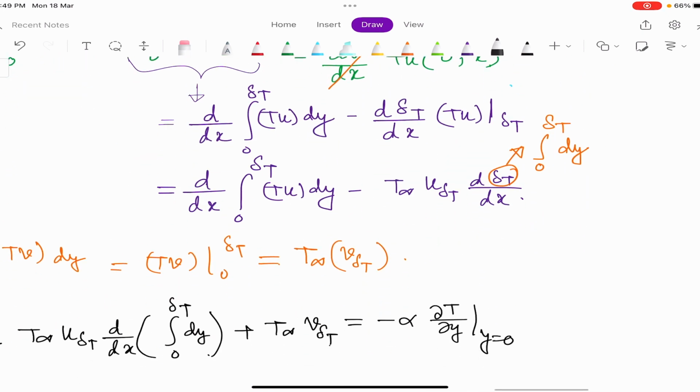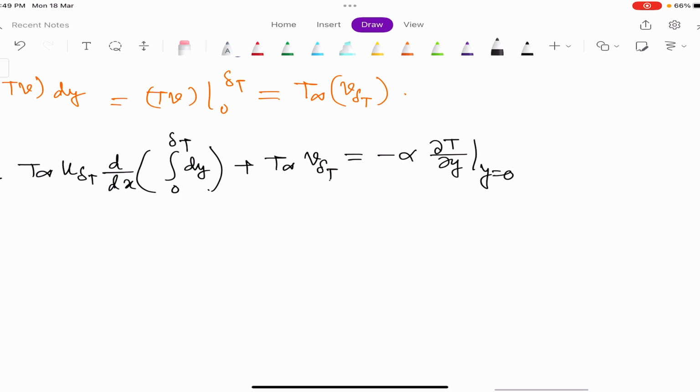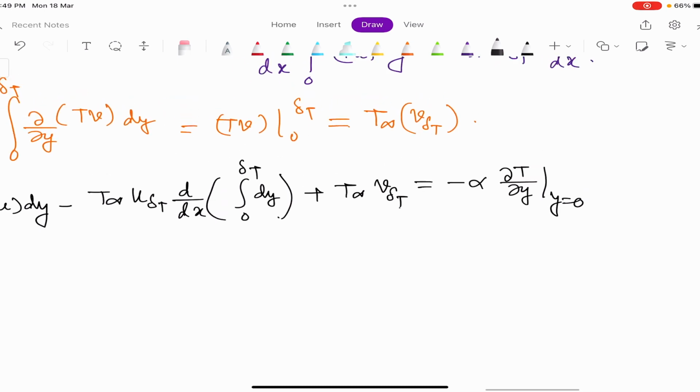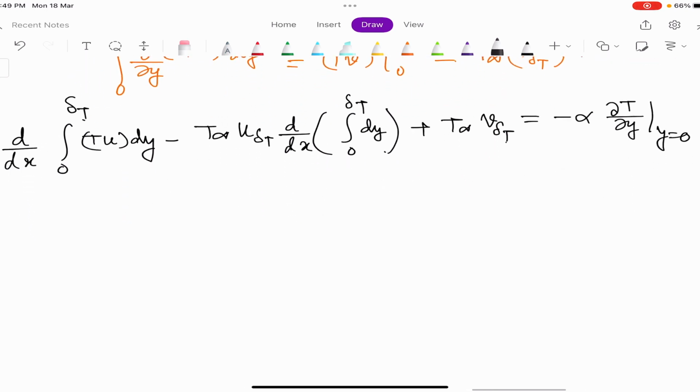Now let us see what we can do here. So what do we have now? Here u at delta t and v at delta t are there, so this is not equal to u infinity.